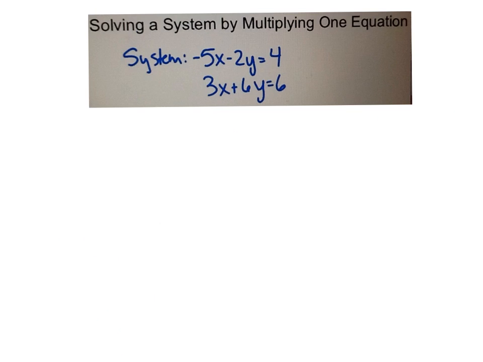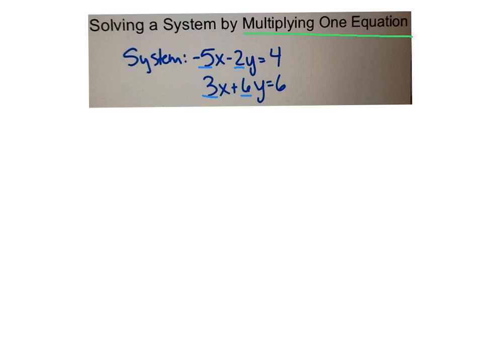Alright, so in this one, if you're looking, you see the first one's a 5 and a 3 and a 2 and a 6. Well, those don't match up. You cannot add or subtract until you have matching coefficients. So what we have to do here is multiply first.